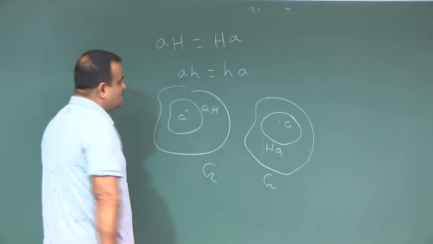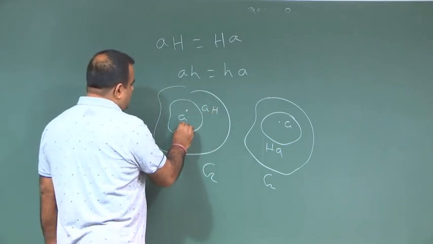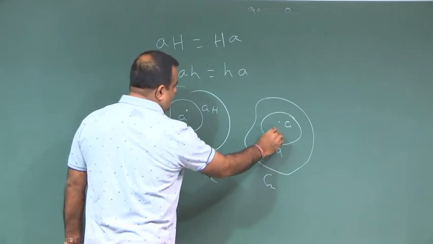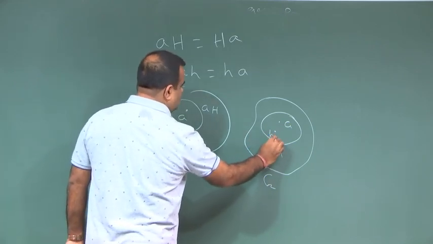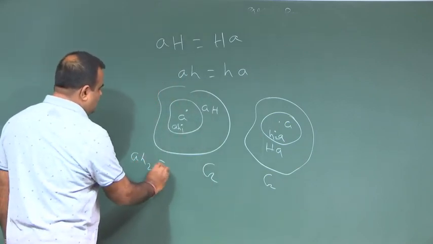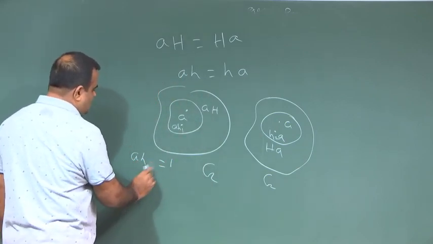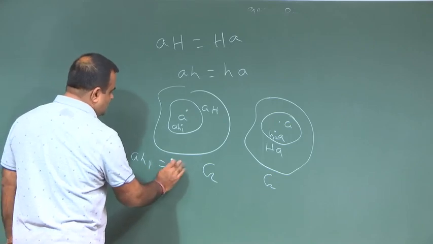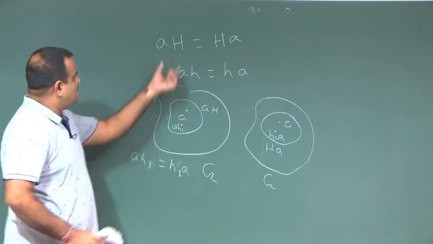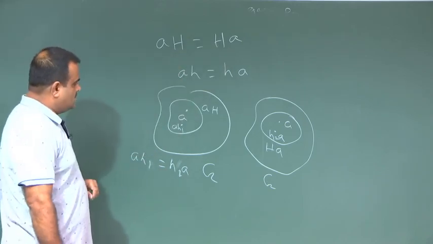Now, this is telling us a H is equal to H a as sets. That means, if you take an element a h1 over here, there has to be an element over here, h2 a, and both are equal. So, a h1 is the same as h2 a in that sense. So, this is a subset of this, and this is a subset of this.